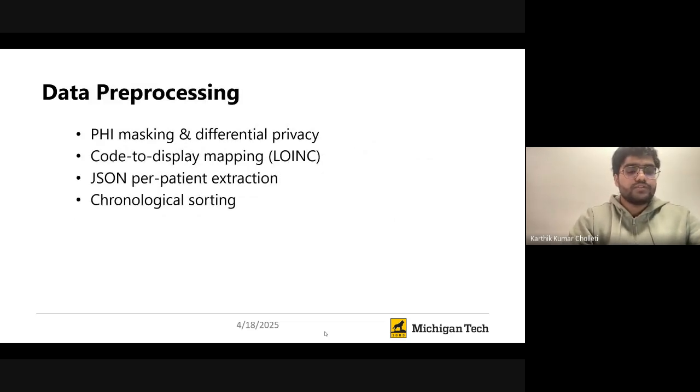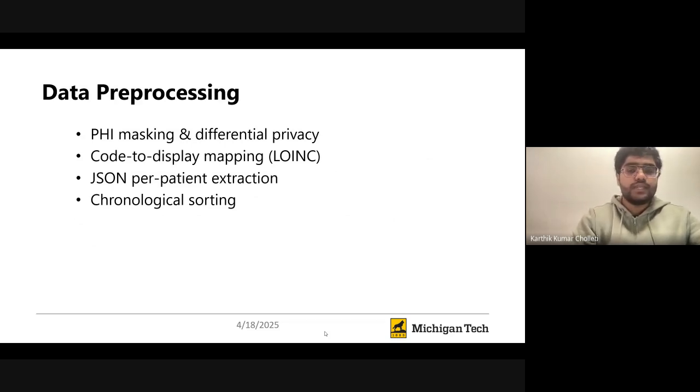Data preprocessing. Before any analysis, we remove identifying information and apply different privacy measures. We normalize LOINC codes to human-readable display names, correcting missing or inconsistent labels.